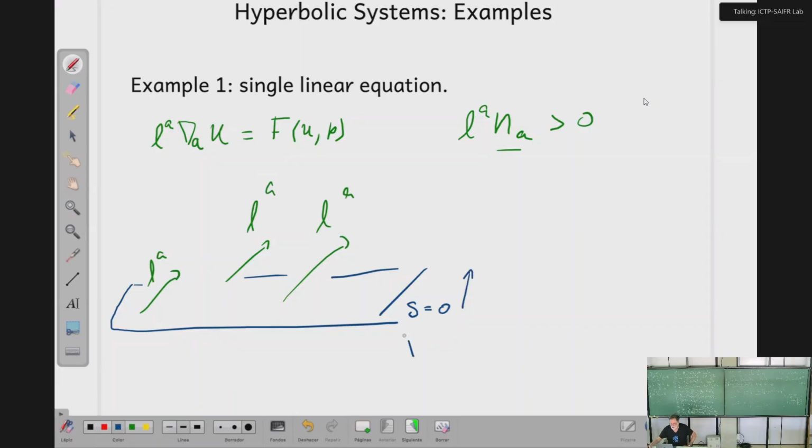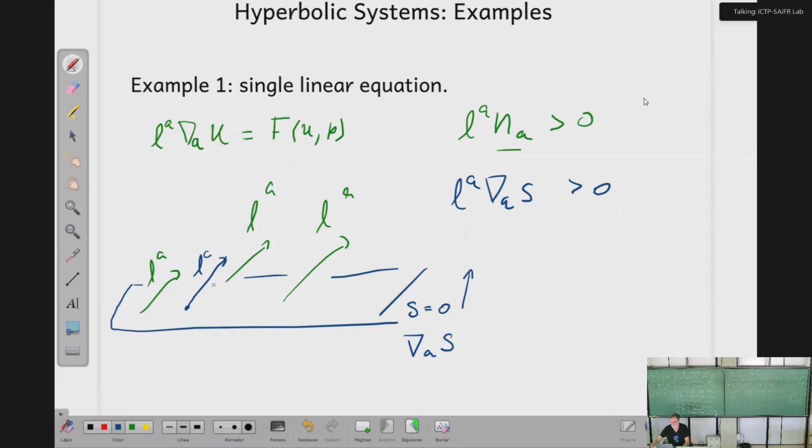So we have the gradient of s, and so what we need is that L^A gradient_A of s is bigger than 0, so L has to point in the direction of s growing, right? So the condition is that whenever you are in a point here, the vector L is leaving the surface to the future. Okay, that's the condition.